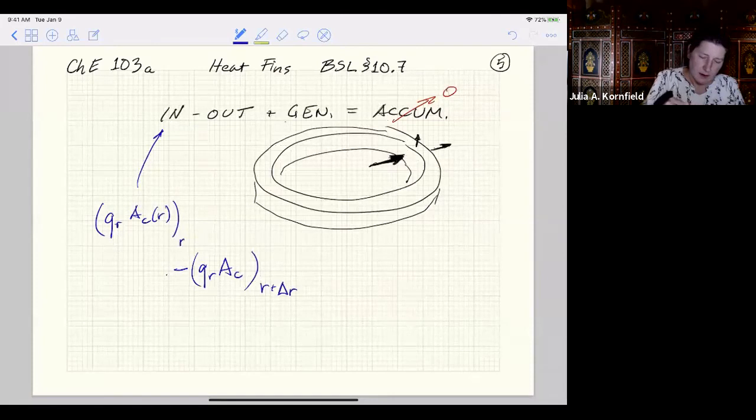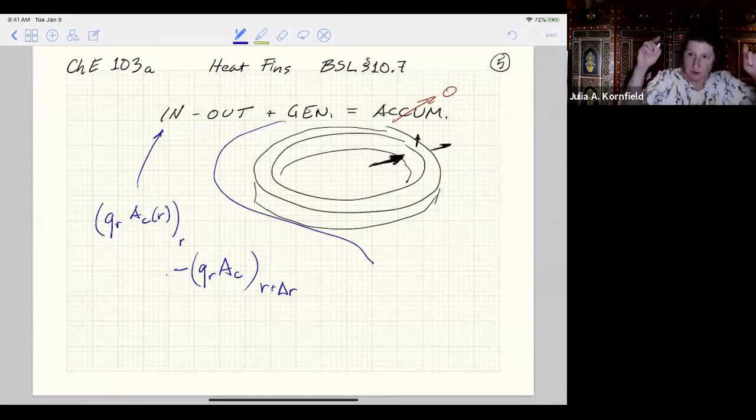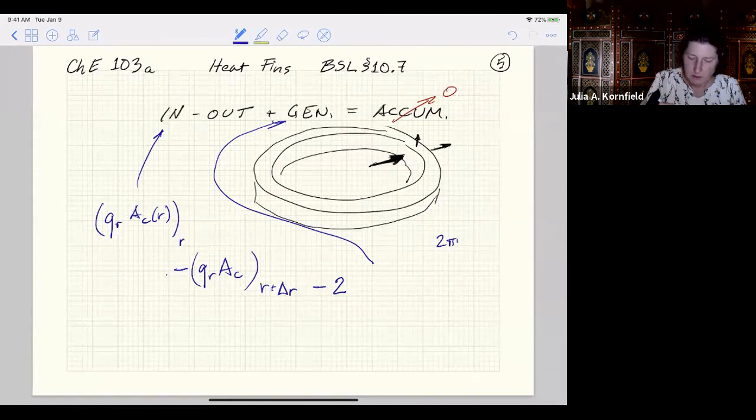And the generation term, so it's a consumption term, it's a negative generation term. You have energy leaving through the top and the bottom surfaces, so that gives a factor of 2. And you have an area that here is 2 pi r, so I called that the perimeter, times delta r.